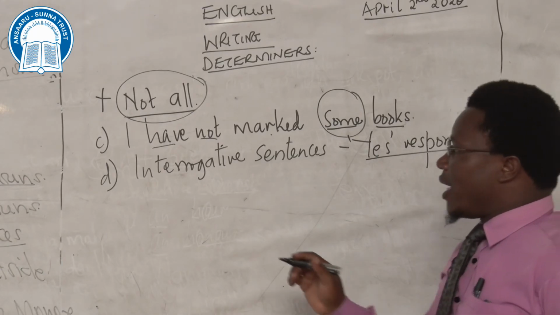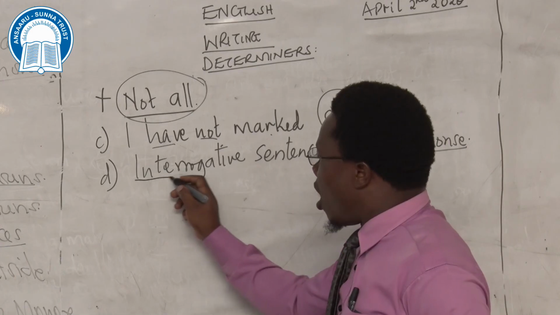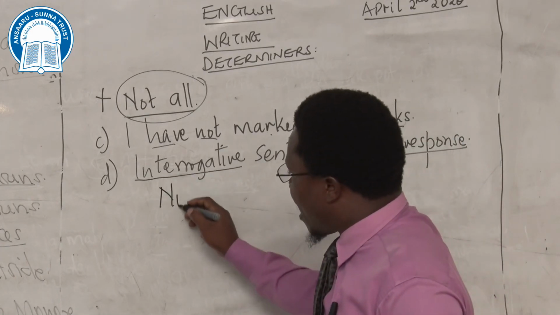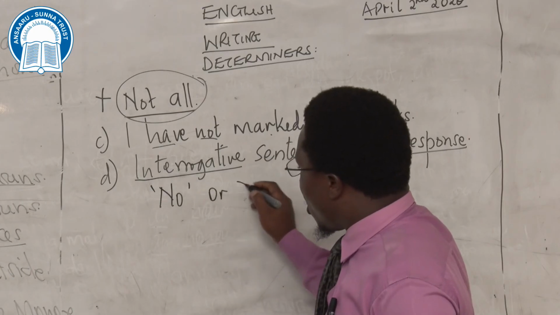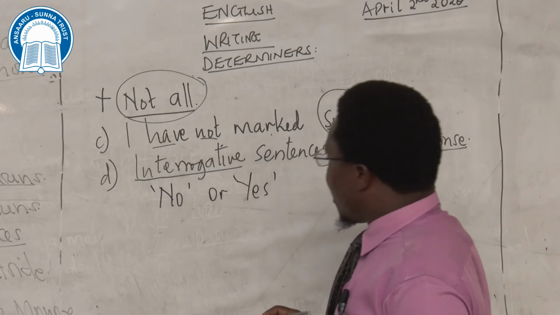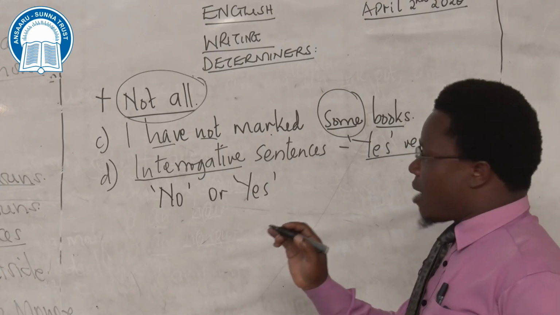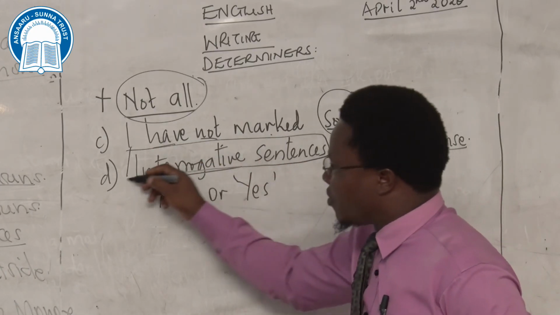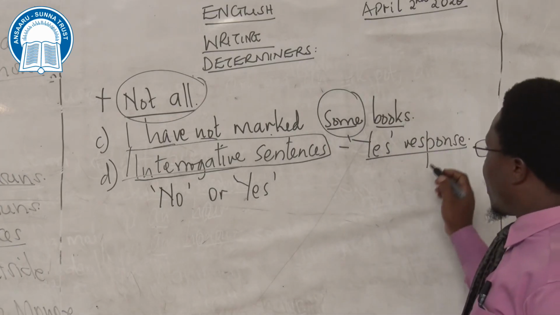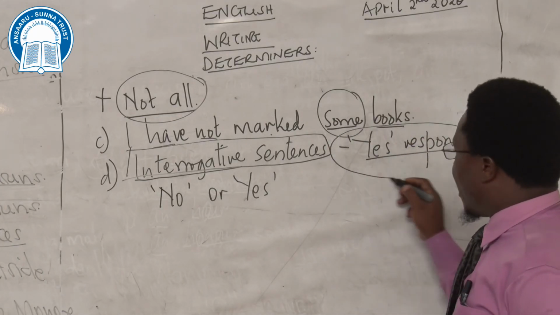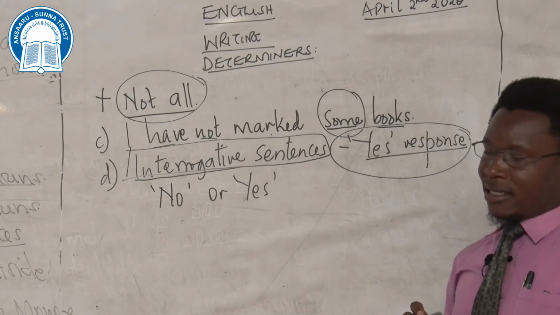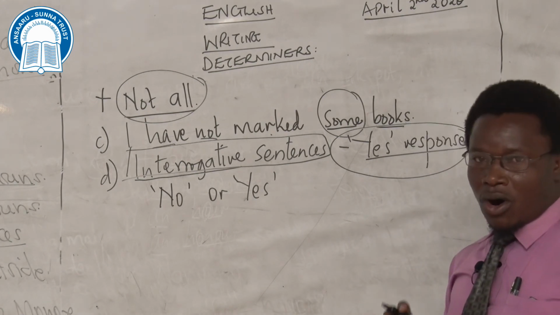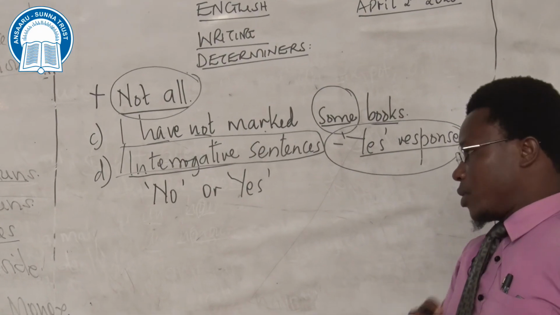Remember, whenever a question is posed, the expected answers are always either no or yes. But in this case, when "some" is used with interrogative sentences, viewers, the expected answer is only one. That is a yes response, not a no or yes response.